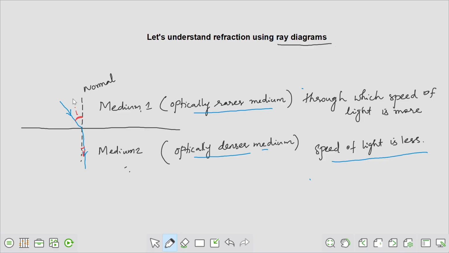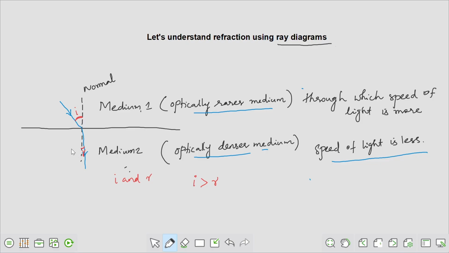What is the relation between angle I and angle R? If a light ray is entering from an optically rarer medium to an optically denser medium, then the angle of incidence is always greater than the angle of refraction. Why? Because in the denser medium, it bends towards the normal, so the angle will be less compared to the incident angle.